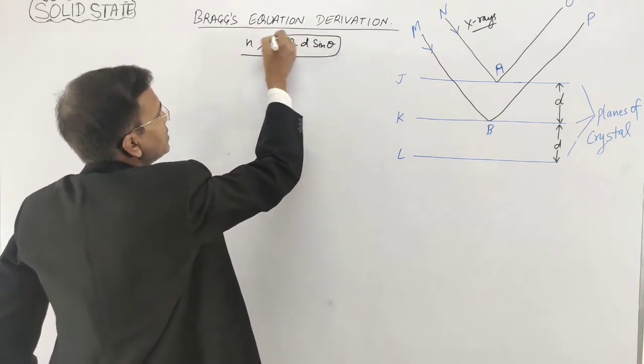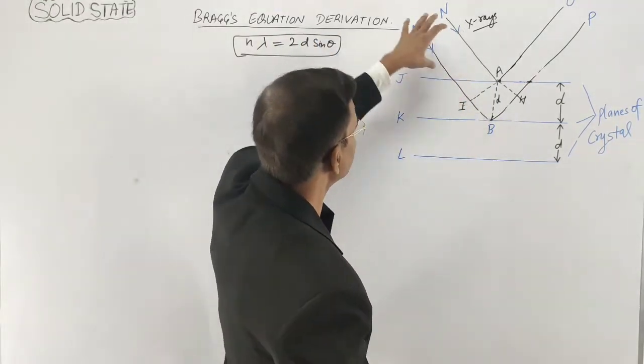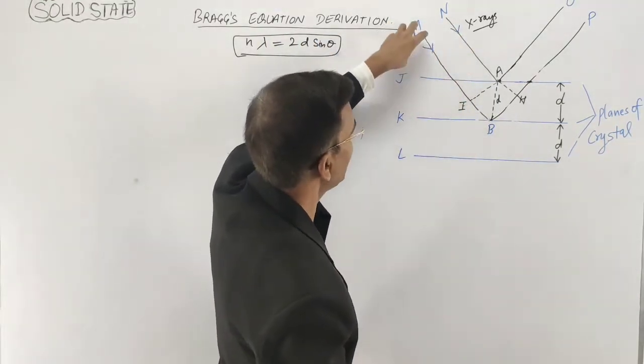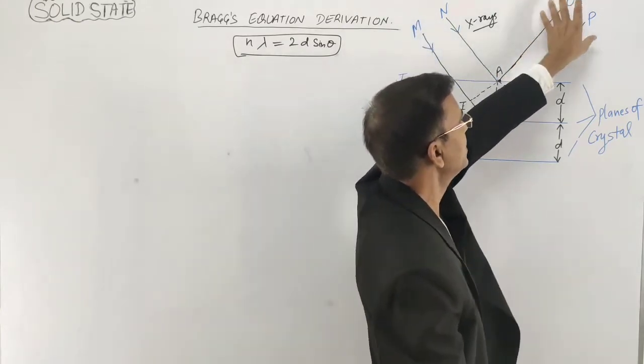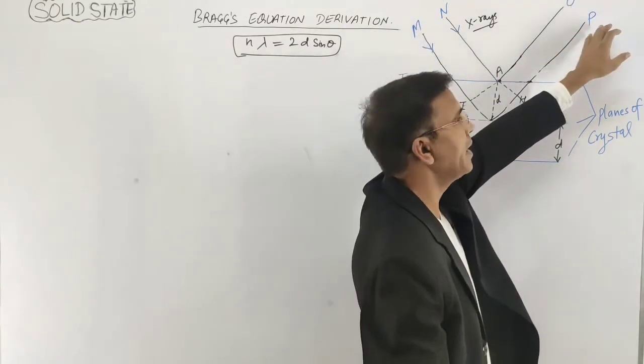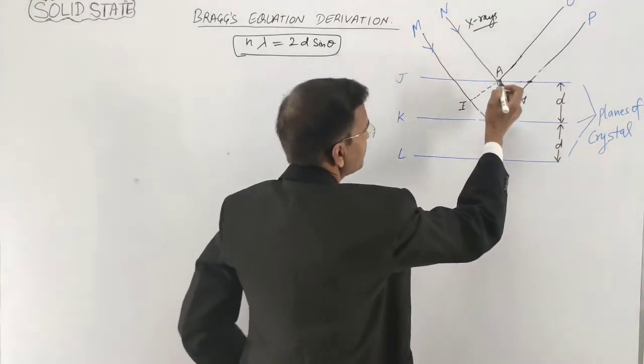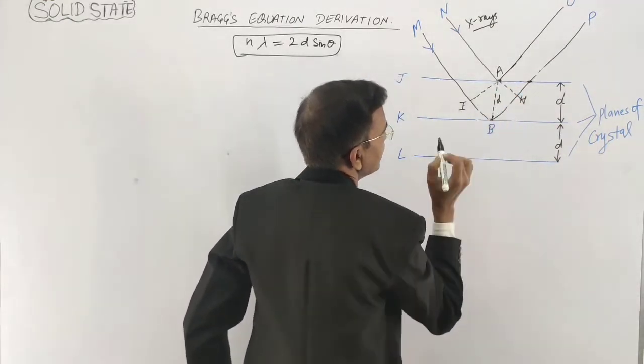Right? So in this structure, the two rays coming in, M and N, get deflected in the way of O and P. So here the point A is here, right?